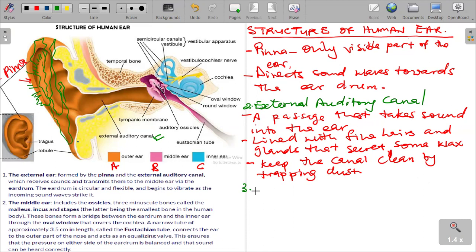Number three, the eardrum. It can be called the eardrum, or it is called the tympanic membrane.